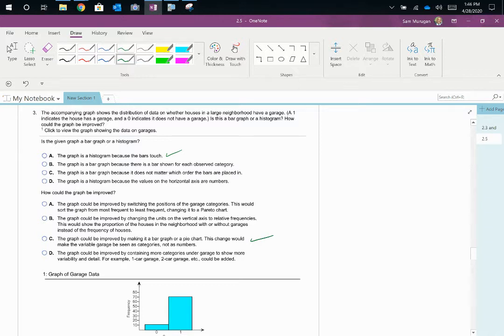The graph could be improved by making it into a bar graph or a pie chart. This would make the variable garage seen as categories and not as numbers, and we would actually be able to see the percentage divided up, between 60 and 10%, rather than between the frequency, 70 and 10, as shown on this histogram here.